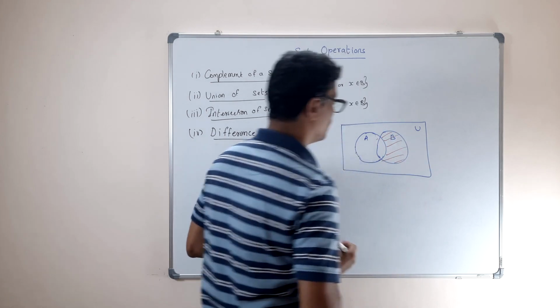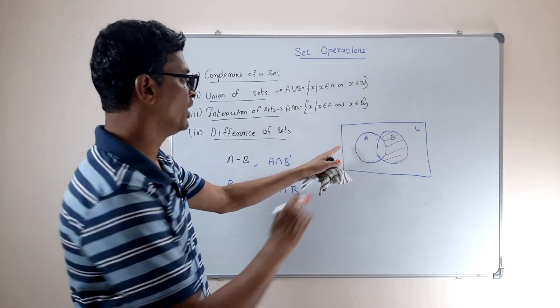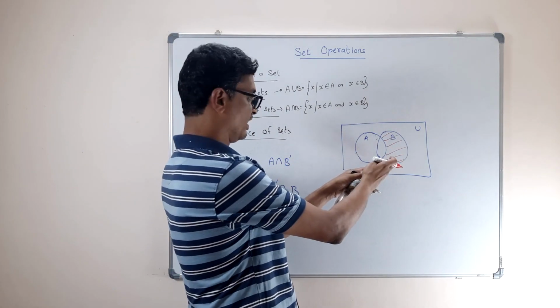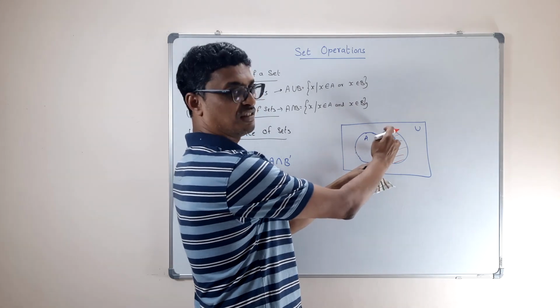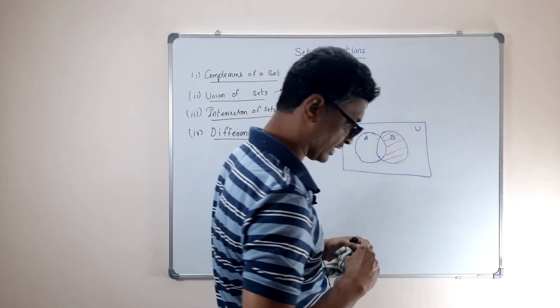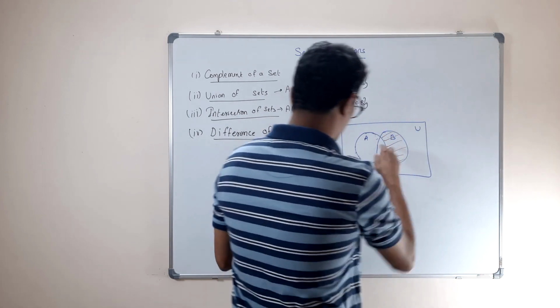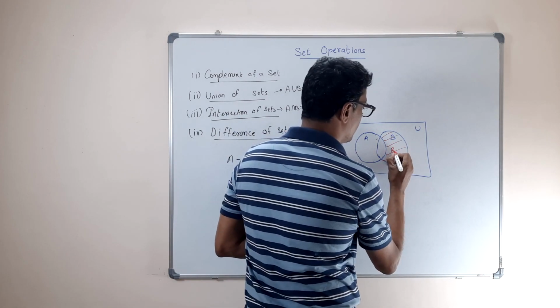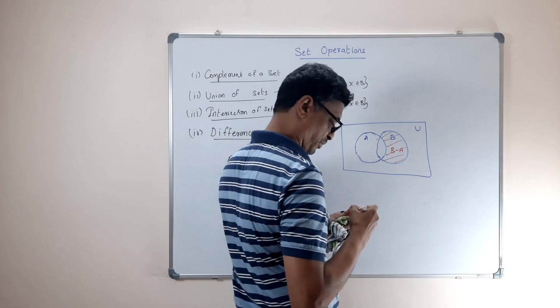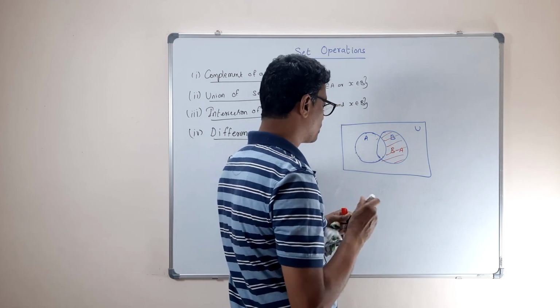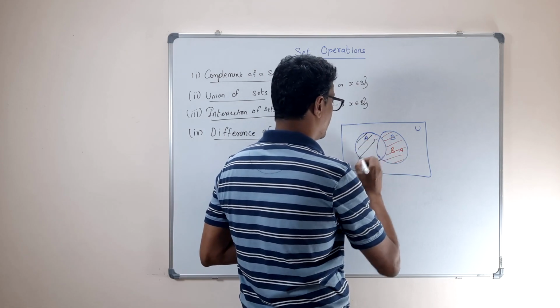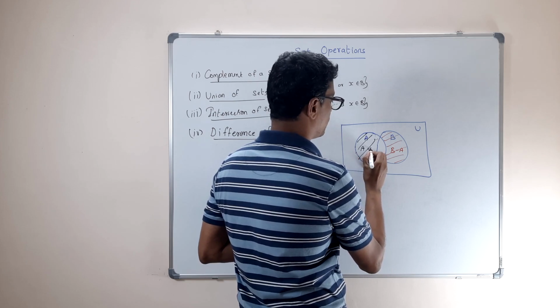A's complement is outside, its intersection with B is only this portion. So this portion is B minus A. On the other hand, this portion will be A minus B.